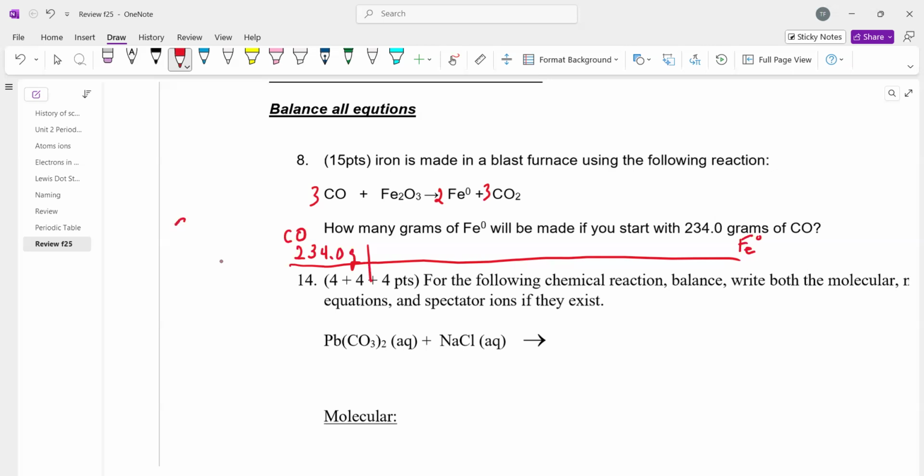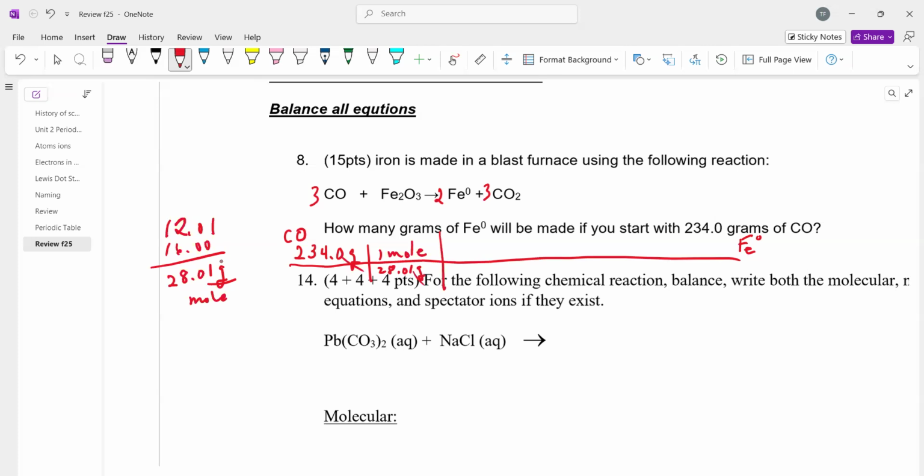So what's the molar mass for carbon monoxide? Okay, carbon is 12.01, oxygen 16. The reason why I know these is because I'm doing this for 50 years. Okay, now we're in moles.